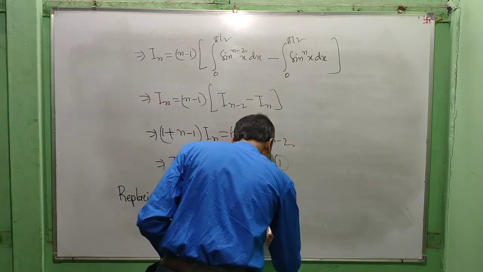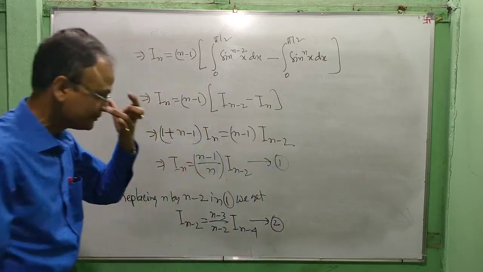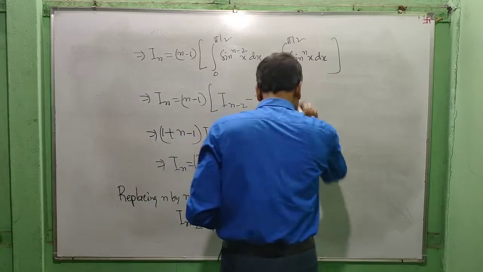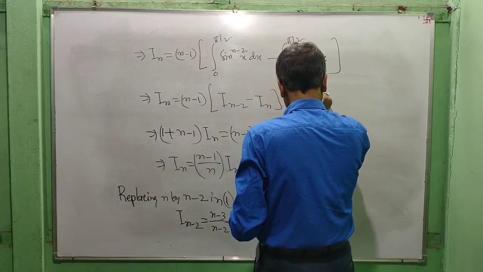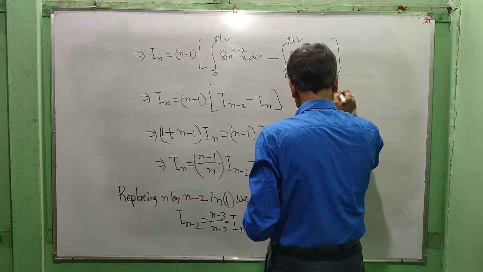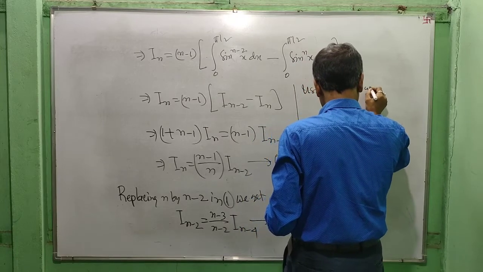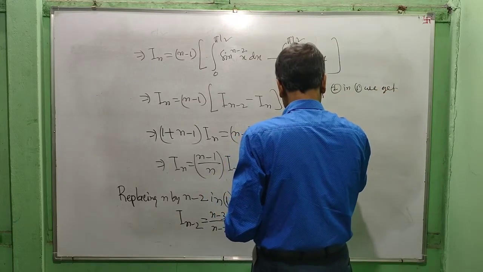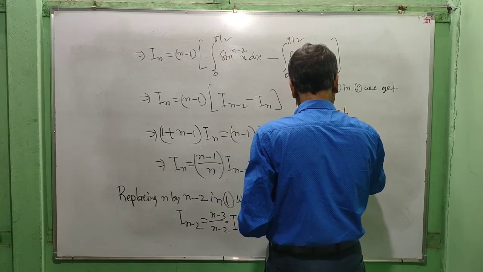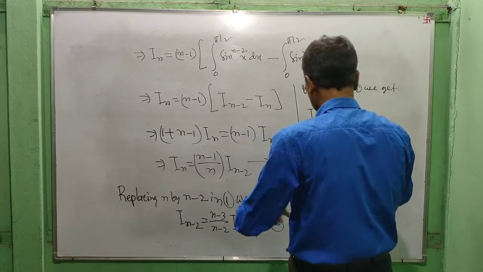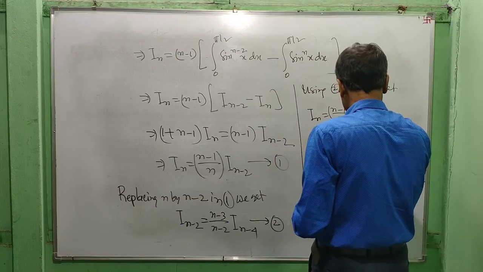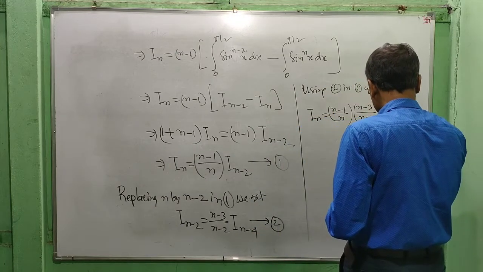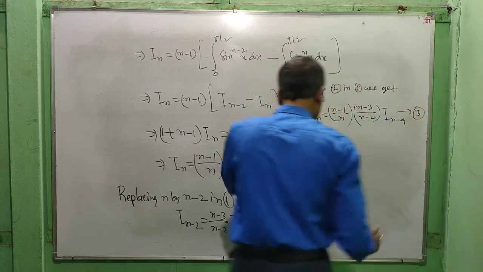Suppose this is number 2. Using 2 in 1, we get In equals n minus 1 by n, n minus 3 by n minus 2, In minus 4. Suppose this is number 3.